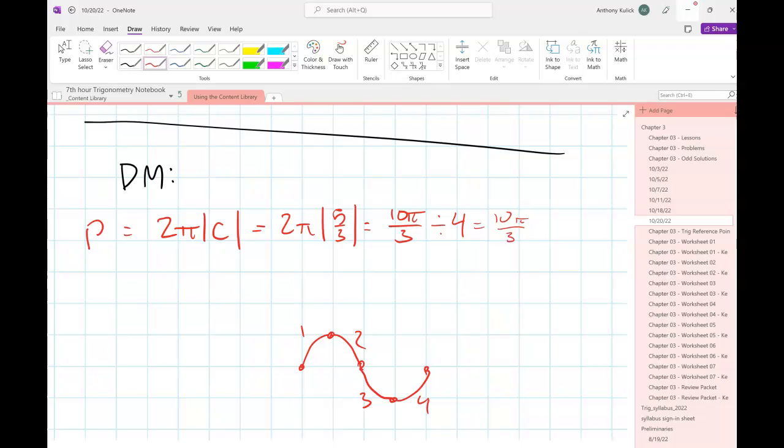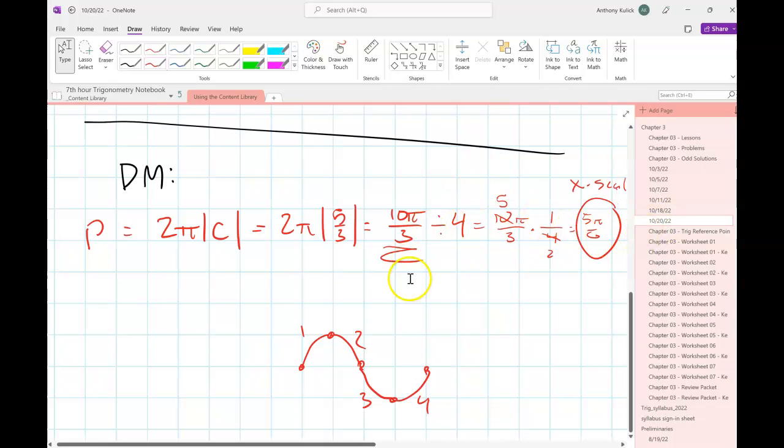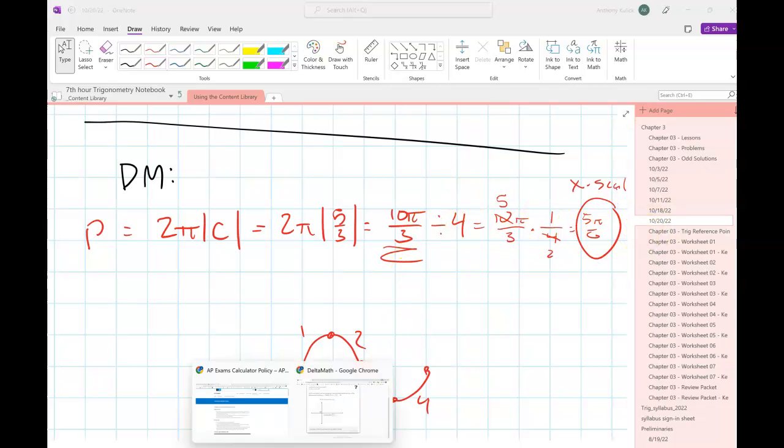Dividing by 4 is the same as multiplying by the reciprocal. So my x scale that I'm going to choose is going to be 5 pi over 6. The period was 10 pi over 3, but I divided that by 4 to get my x scale.